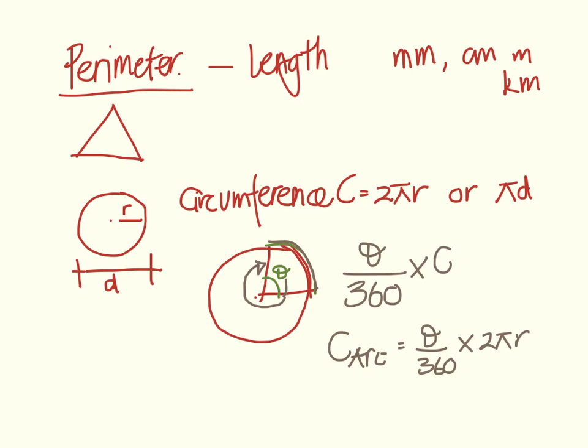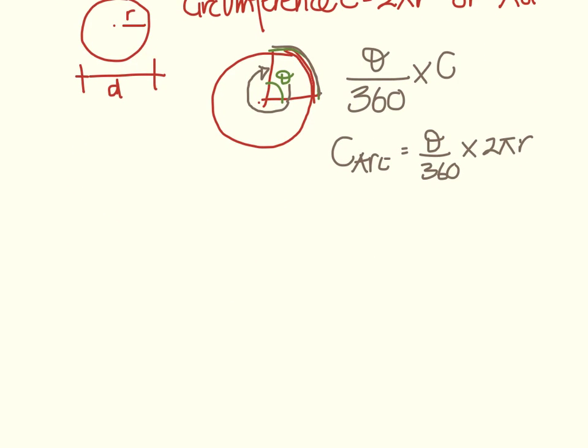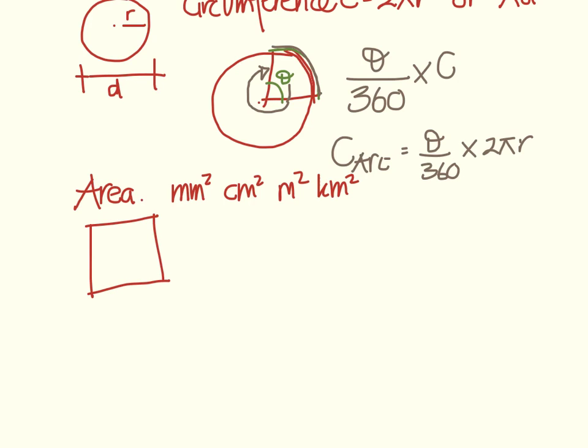The next thing that we need to look at is area. So you know that when you're looking at area, you're going to have your units as millimetres squared or centimetres squared, metres squared, kilometres squared, because you are measuring in two directions.